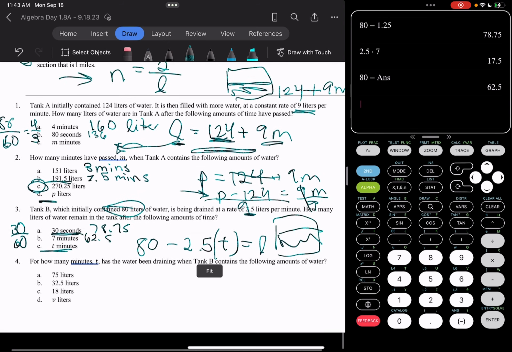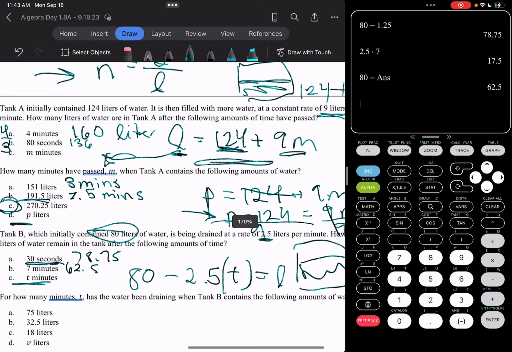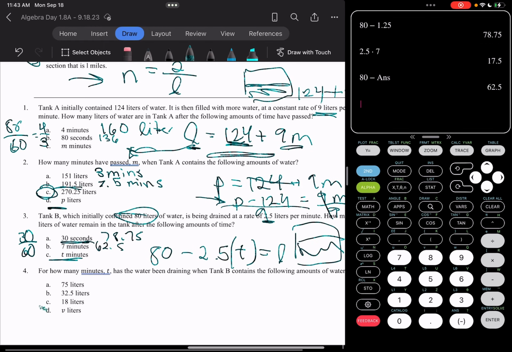All right, now it says for how many minutes, so it wants us to work opposite in the equation. So again, I would suggest that you start by creating this equation because that'll make it easier for you to plug things in. So if we're talking about 80 minus 2.5m equals v liters, and if we want to solve for, or actually it says t, the minutes now, instead of solving for the liters, let's start by subtracting 80 from both sides.